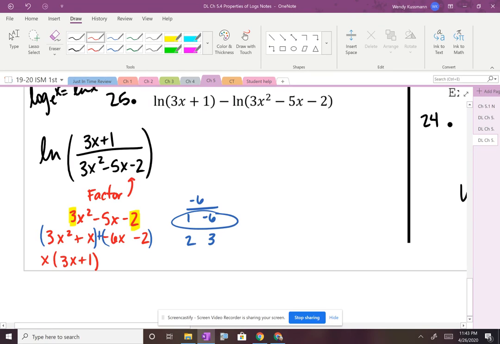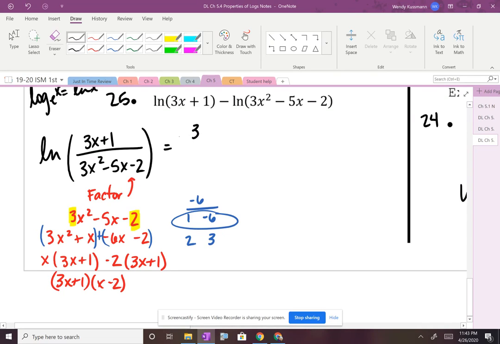GCF of the second set of parentheses, they have the exact opposite sign, so we need to take out a negative, and they have a 2 in common. Then what's left over is 3x plus 1. So factoring leaves you 3x plus 1 as one factor, and x minus 2 as the other factor.